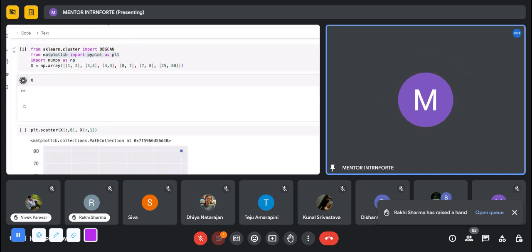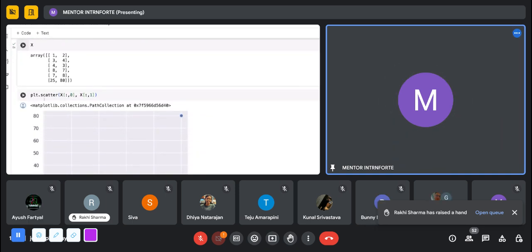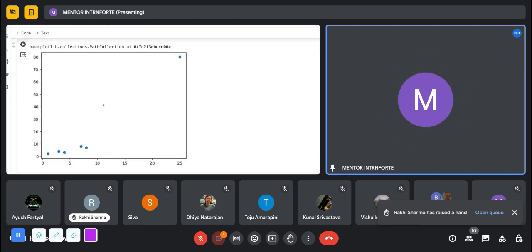So these are our points, and if you plot them, this is how your points look. Now, can you all tell me how many clusters can be formed and how many noise points you can see from here?